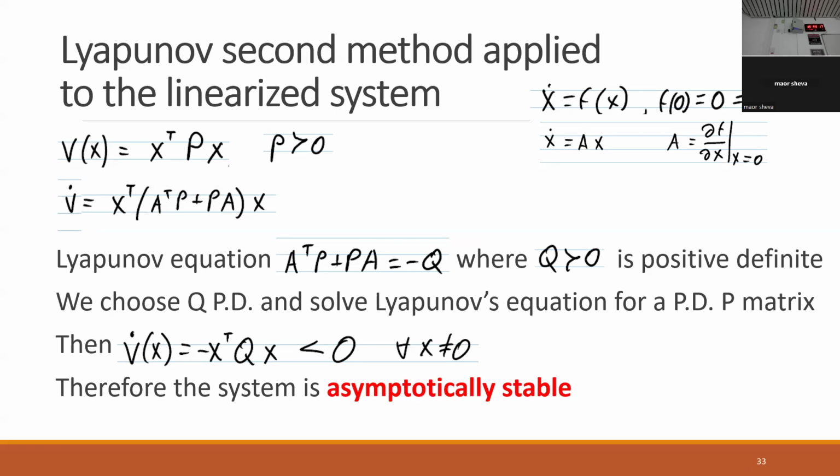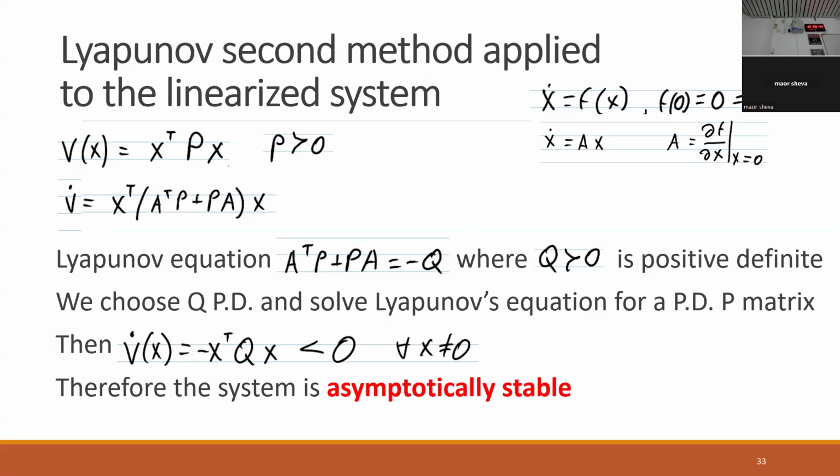So if something like that exists, then I can replace this term with minus Q, and I get minus x transpose Qx. And since Q is positive definite and I have minus here, then the whole term will be strictly negative for every x that is not zero.